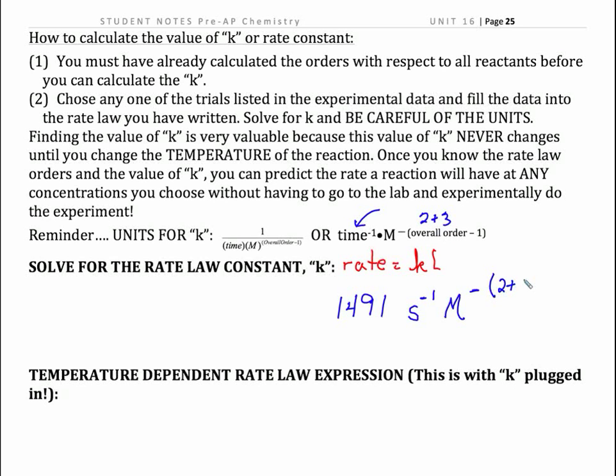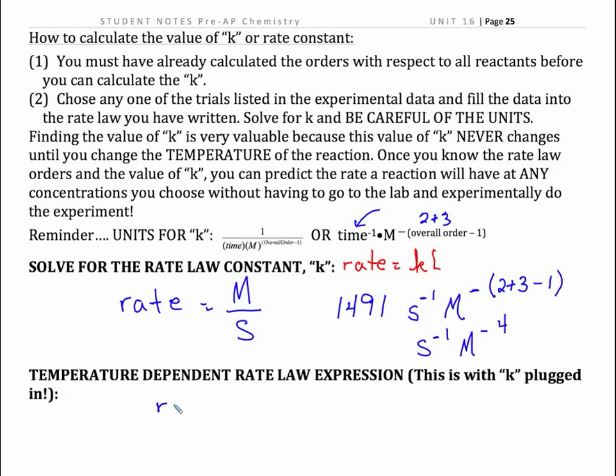It's the sum of the orders, and then we take away one of them. What that does is leave one molarity factor in the rate, and we have time in the denominator. So it's seconds to the minus 1, molarity to the minus 4.